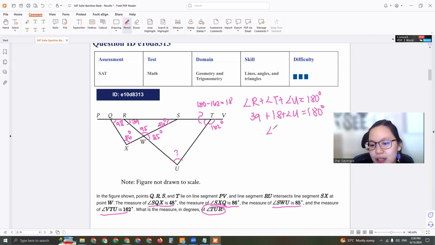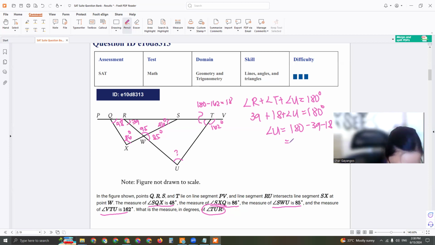And lastly, we have angle U. And all we have to do is to subtract all these values to find its angle measure. So use your handy dandy calculator. If you just want to double check your work, and then that should be 123. So let's go ahead and double check.